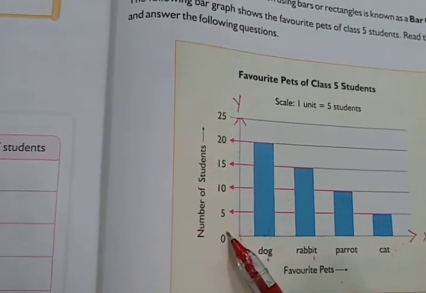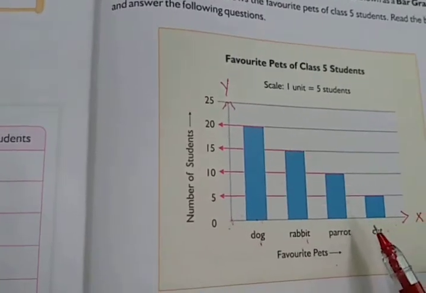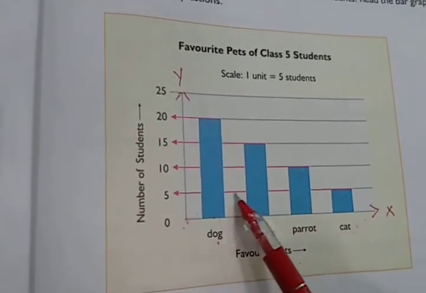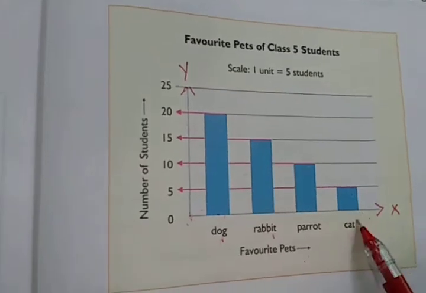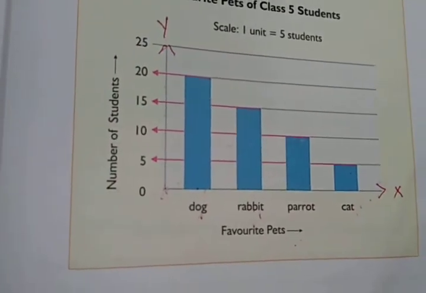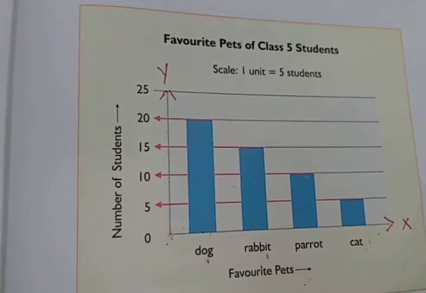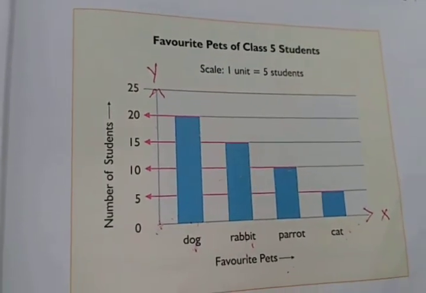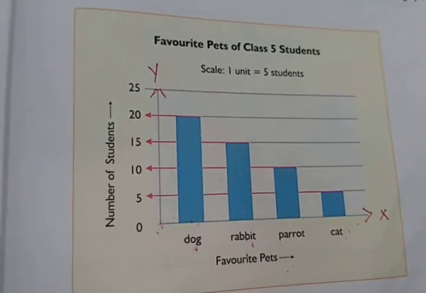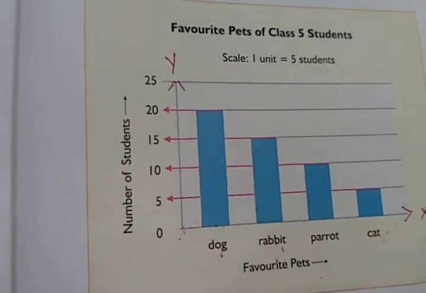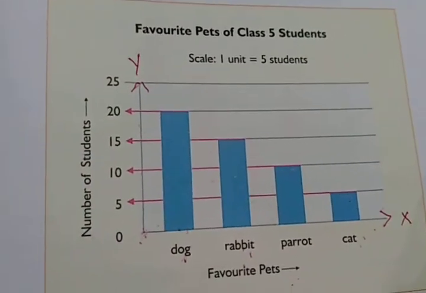Hence, cat is the favorite pet of 5 students. This is about the bar graph and some questions based on the bar graph.